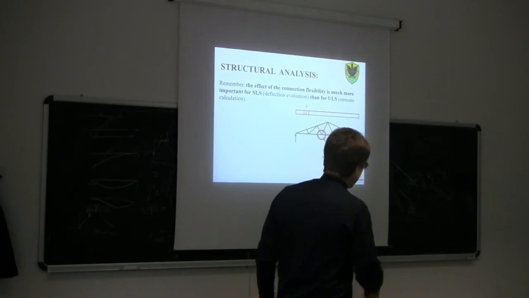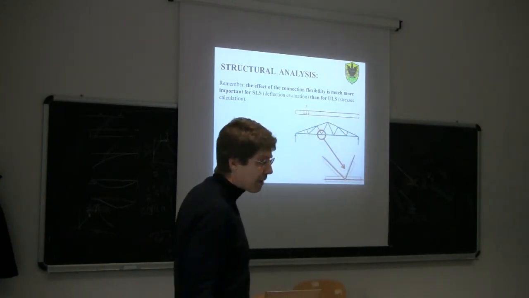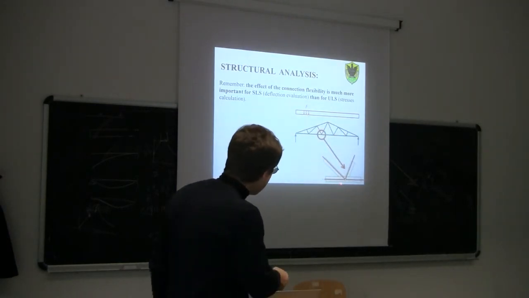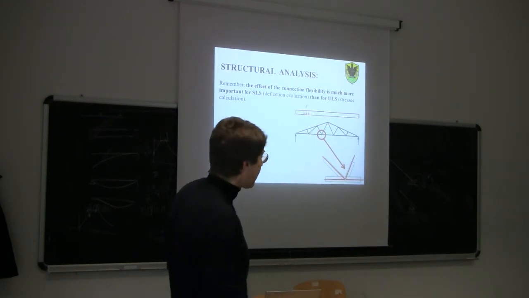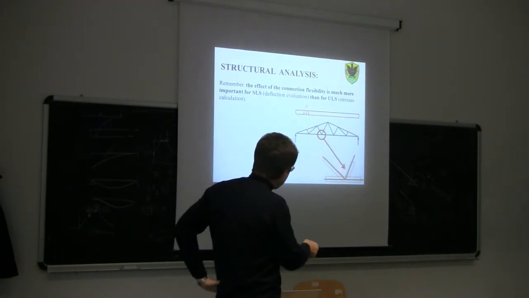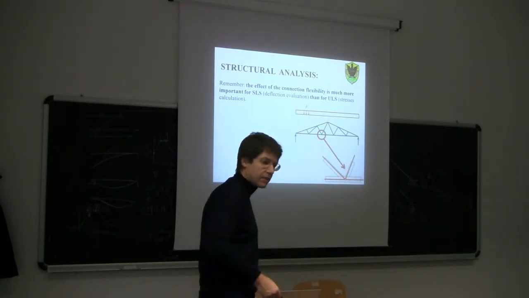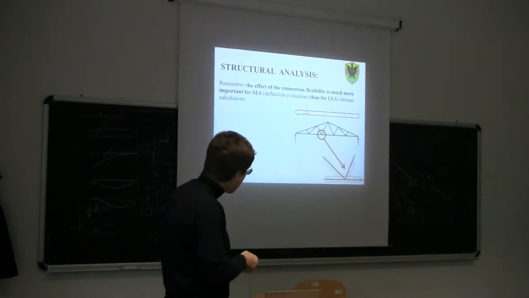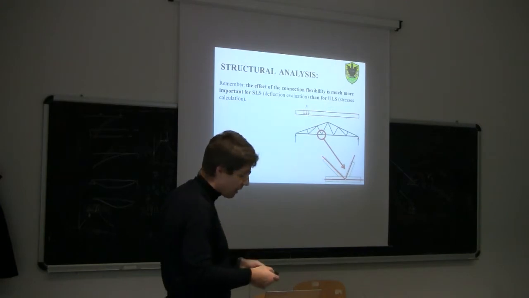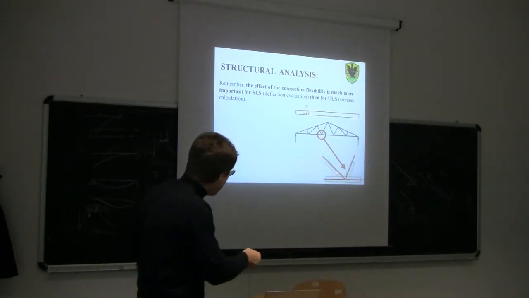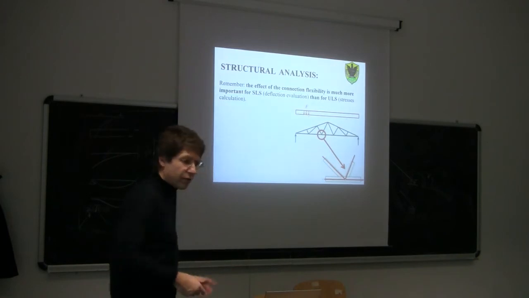For example, when we calculate by hand, just another reminder that, as you can see, the regulation allows us to consider an eccentricity between the diagonals and the axis of our static scheme. However, we shall always make sure that the axis of our static scheme lies within the width of the member.